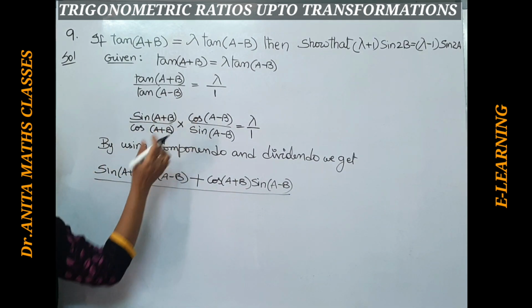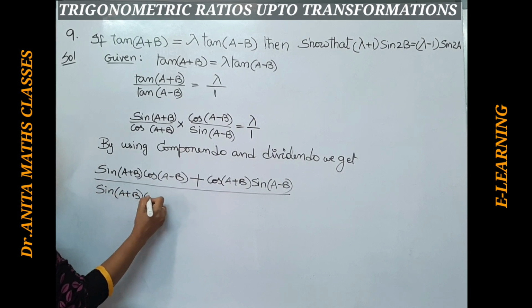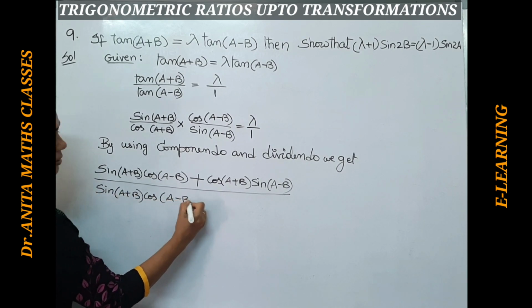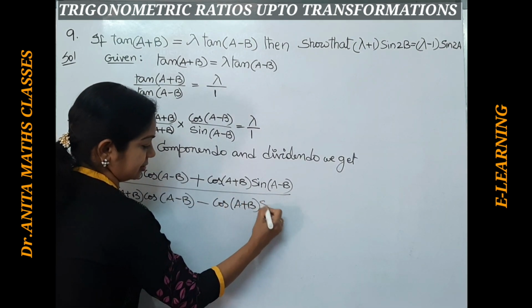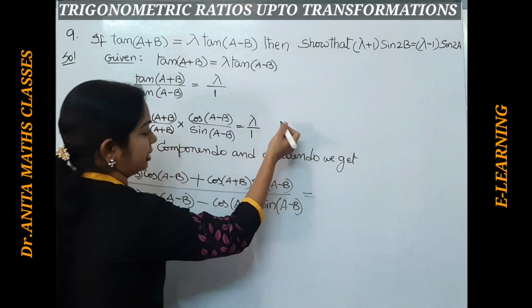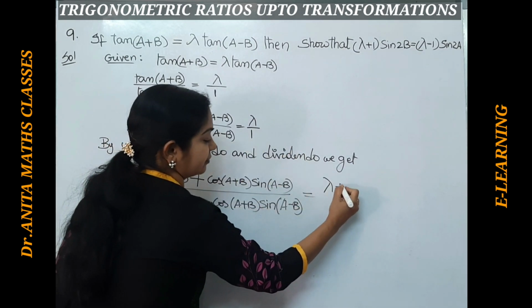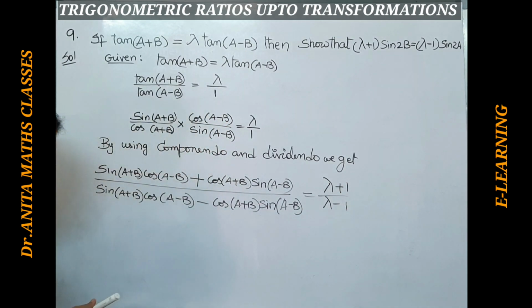So here this minus this: sine(A plus B) cos(A minus B) minus cos(A plus B) sine(A minus B). To the right side also, lambda plus 1 by lambda minus 1. So we were using the componendo and dividendo here.